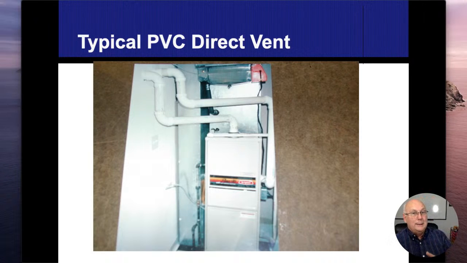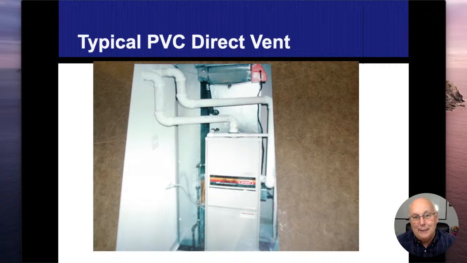One of the nice things about these that makes them 95% efficient as well is I don't use any of the air that I've already conditioned or already heated to make a fire and blow that air to the outside. I'm bringing in outside air, using that to make my fire, and then I just keep my indoor air.